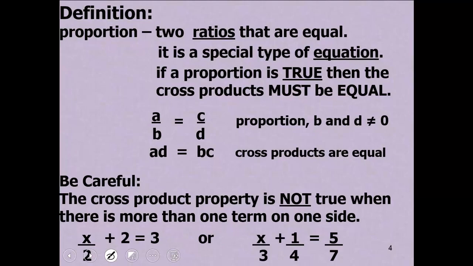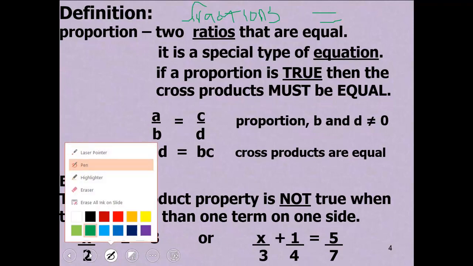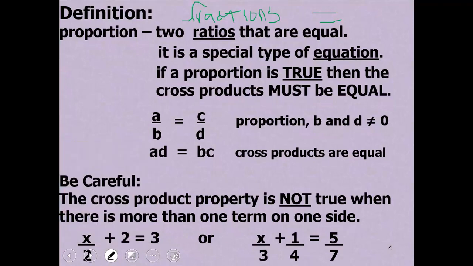A proportion by definition is two ratios that are equal. So you have two fractions and an equal sign in between them. It's a special kind of equation, and when you have a proportion, it says that the cross products must be equal.